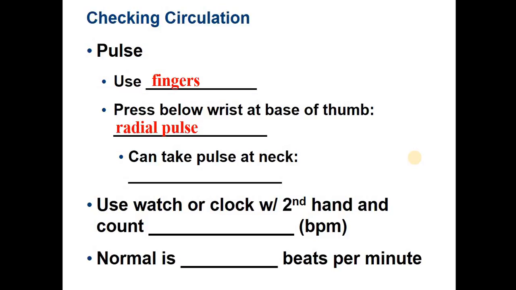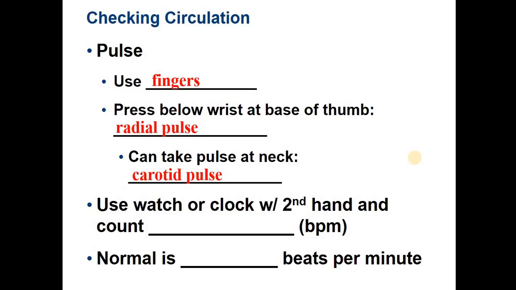You have other places that you can check, of course. You can also check the carotid at the neck, not on both sides at the same time, one at a time. Radial pulse is thumb side at either of your wrists. These are just two of the common spots. You have several other locations where you can check pulse.